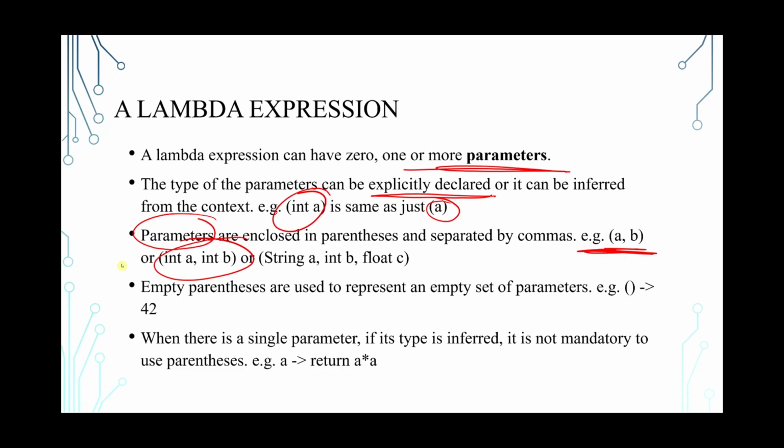Empty parentheses are used to represent an empty set of parameters like this, and you must have them if you don't have any parameters. When there is a single parameter, you can have parentheses or you can abandon them. They are not mandatory.